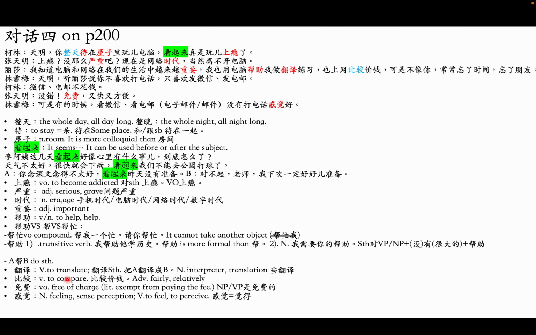Either means to compare, to compare the price. I also go online to compare prices 比较价钱。比较 can also function as an adverb. It means fairly, relatively. For example, 你考得怎么样？我考得比较好，比较好 fairly good.